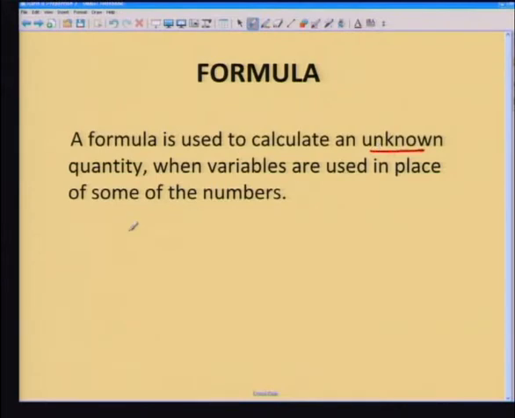Before we move on to the section on rates again, we need to do a quick recap of formulae and how and when we use formulae. Remember that a formula is used to calculate any unknown quantity, where variables are used in place of the numbers. Now, all that a variable is, it's a number.